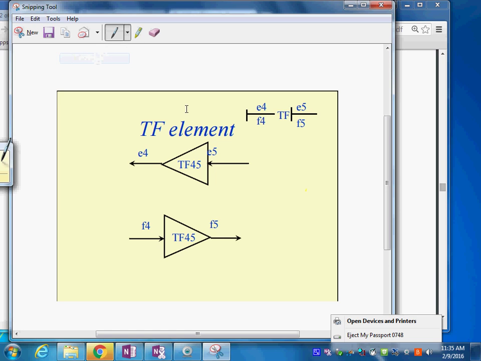What about, for example, the normal electrical transformer, where it kind of affects both the voltage and the current that goes through there? On an electrical transformer, you have a voltage that gets transformed into another voltage.